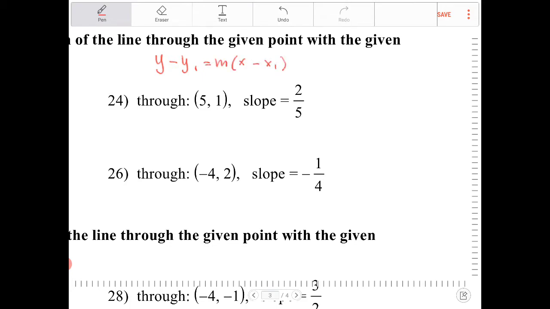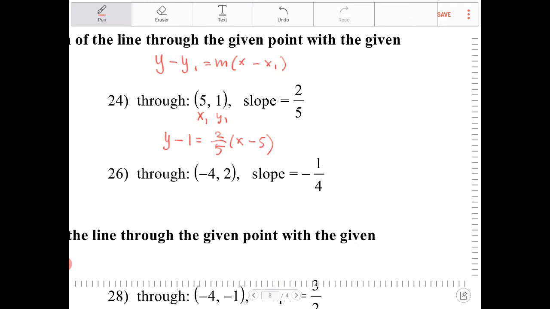You're going to see how this helps organize things a little better. These points right here are x1 and y1, and I'm going to substitute directly in. So what I'll have is y minus 1 is equal to 2/5 times x minus 5.